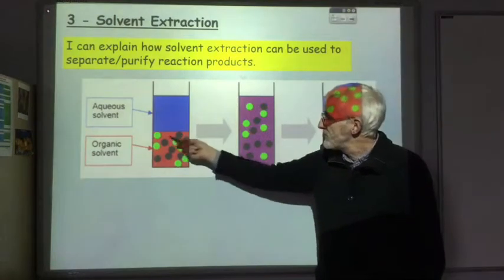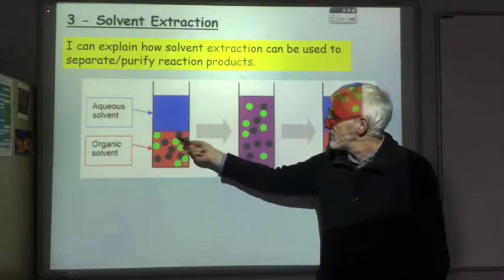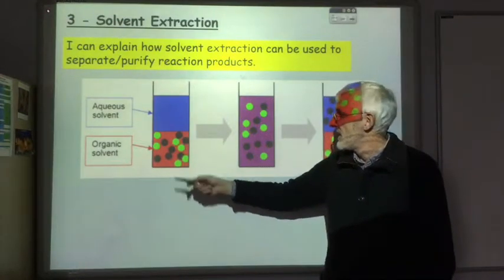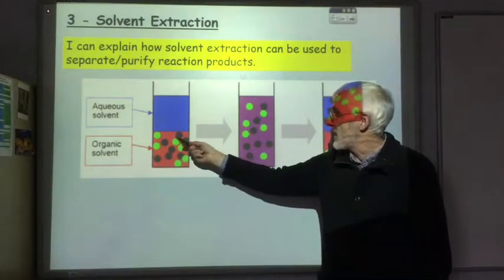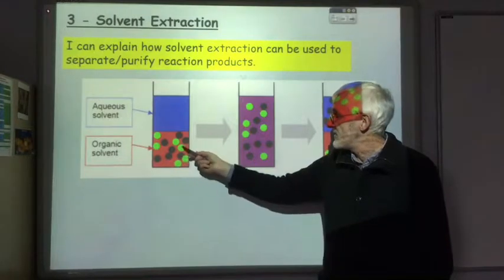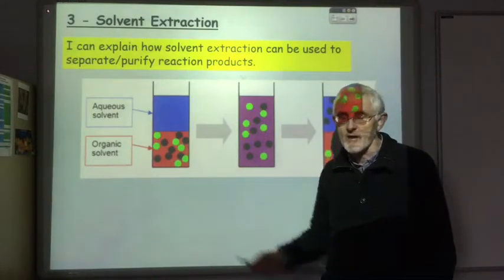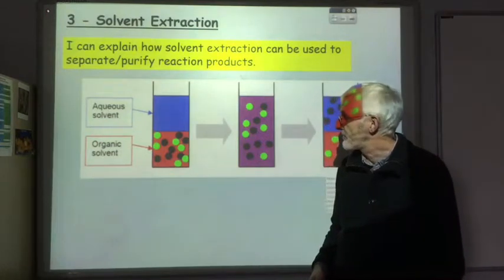Right, imagine this red organic solvent here is our reaction mixture, and let's just say the black dots are our products and the green dots are impurities, unused reactants or other products that we want to get rid of.